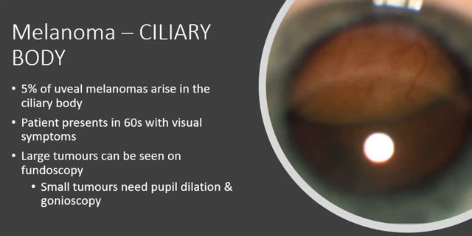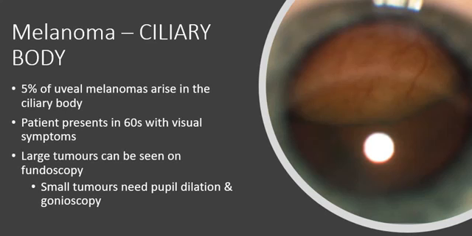So 5% of all uveal melanomas arise in the ciliary body, and a patient will attend usually in their 60s, and they will complain of having reduced visual acuity. And you can have a look in the eye and see very large tumours, but sometimes smaller tumours are going to need pupil dilation in order to view them, and gonioscopy rather than just fundoscopy.